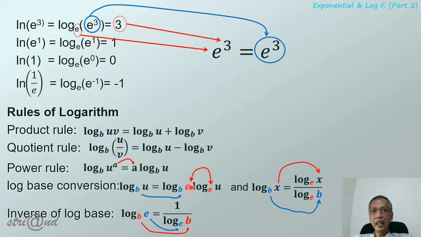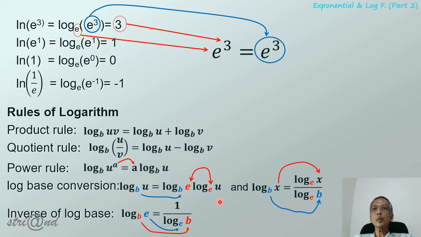So when it is in natural number, the base here should also be natural number. When the number here is, for example, 5, the base here should also be 5. And the p here is moved here. So the base here is the same as the base here, and the u here is now placed here.